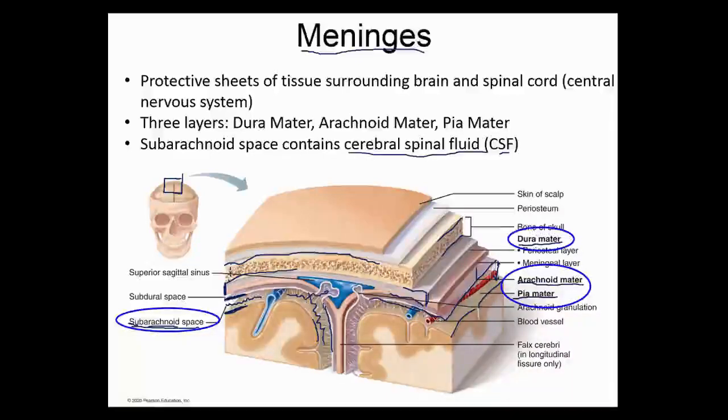And again, we'll get to that. So there are three layers. We have the thickest, the dura mater, and then our thinner arachnoid mater and our very thin pia mater, right against the brain, which contains the cerebral spinal fluid within the subarachnoid space.